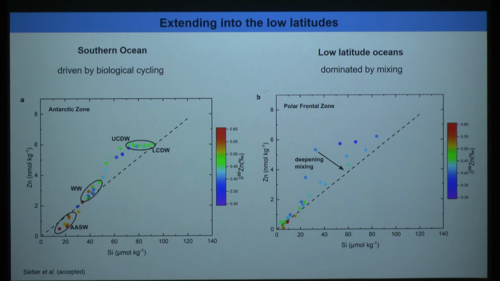So the further north you go, the more you go towards the dashed line, which is that global ocean average. Just because you can think about it, if you mix more of the deep water masses that are rich in zinc, they will start to completely take over. Because you deplete the surface waters in zinc, it's pretty much only the deep component that dominates this.